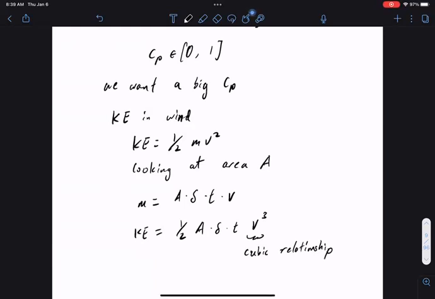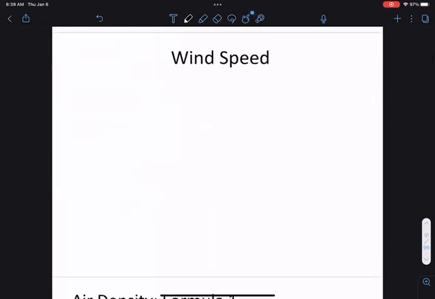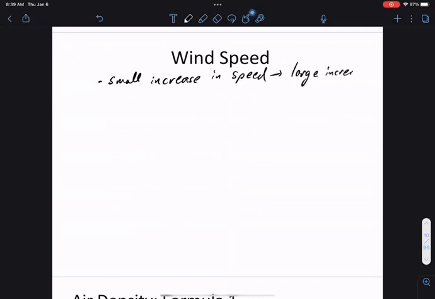A cubic relationship basically says that a small increase in speed can lead to a large increase in energy. Just because it's a cube.